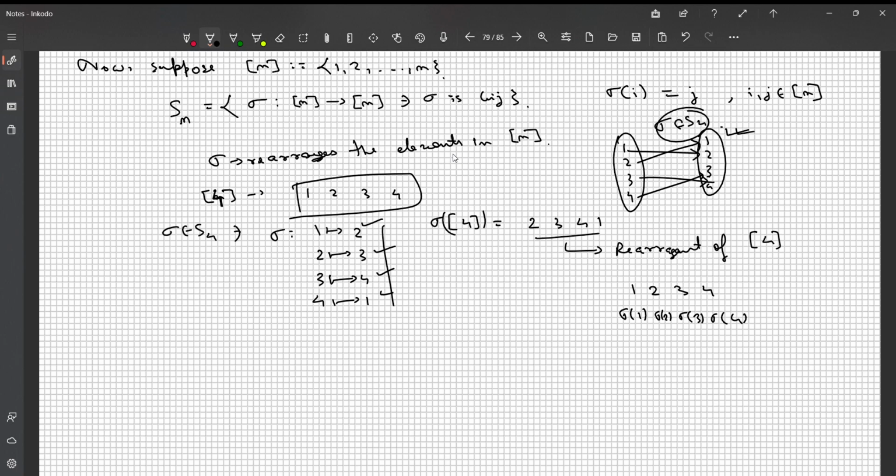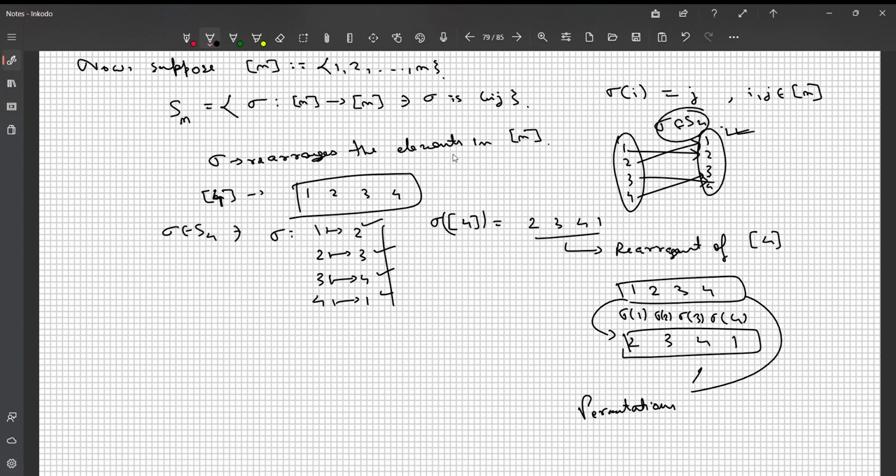These are obviously the same elements from 1, 2, 3, 4 arranged as 2, 3, 4, 1. So simply we are getting a rearrangement of the same elements. And such concepts we know are permutations.